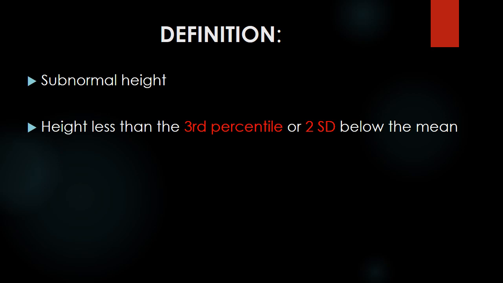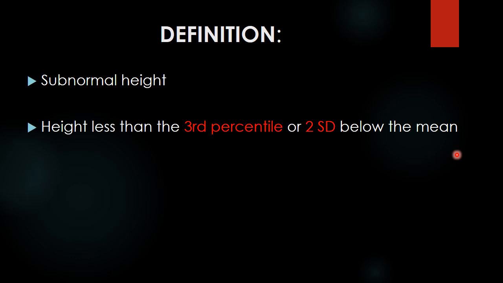Technically speaking, if a child's height is less than 3rd percentile or 3 standard deviation below the mean for the reference age, it would be labeled as short stature.